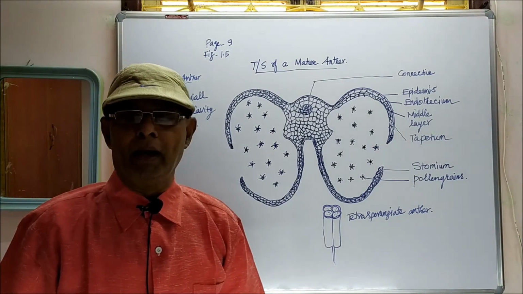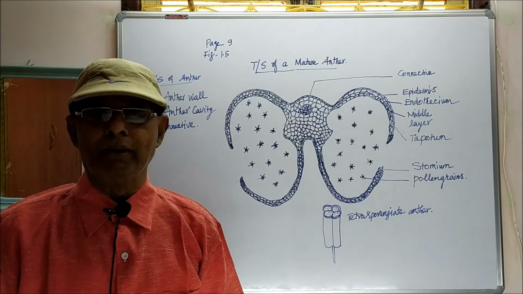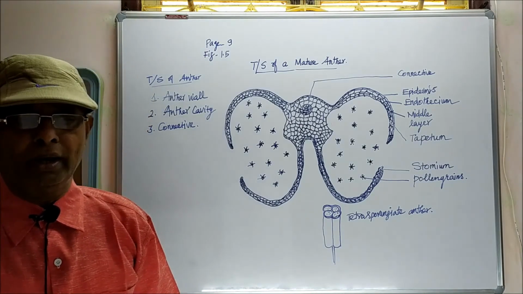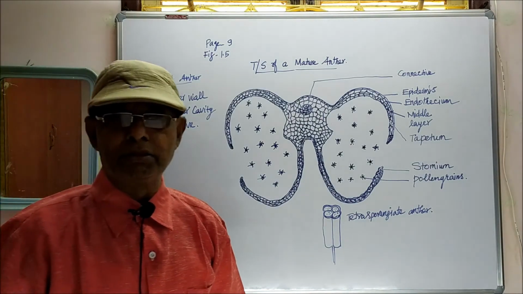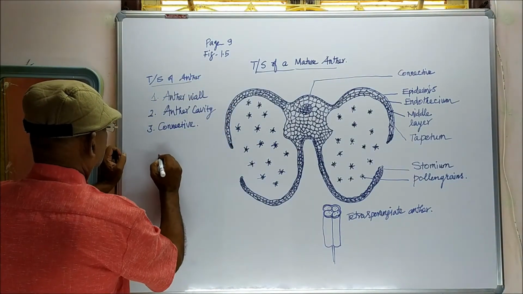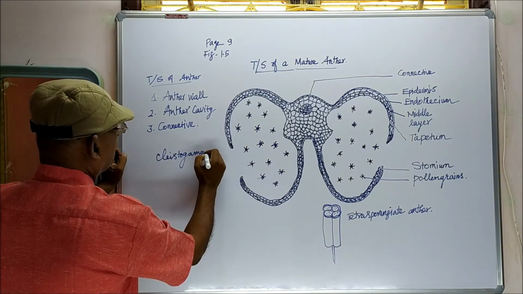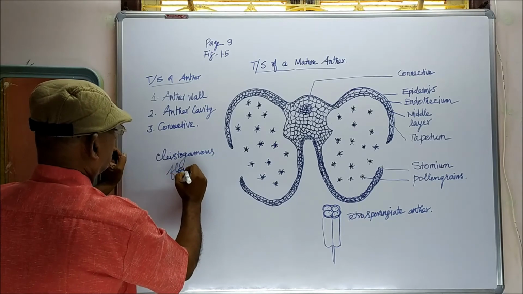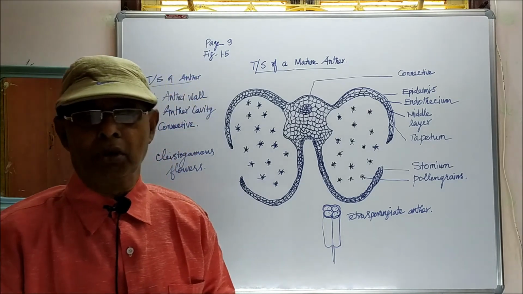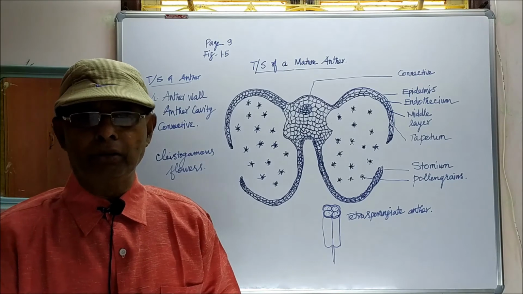So inside the flowers, self-pollination alone takes place. Such flowers are called cleistogamous flowers. In cleistogamous flowers also, the anther does not contain endothecium.